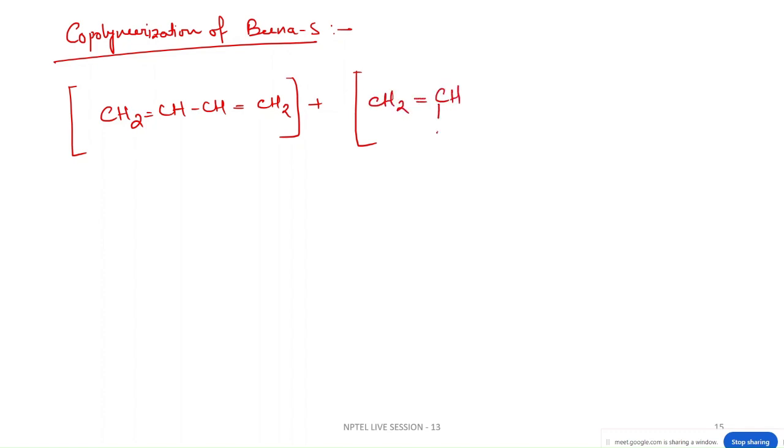We have the monomer butadiene, CH2=CH-CH=CH2, and styrene, CH2=CH with a benzene ring.